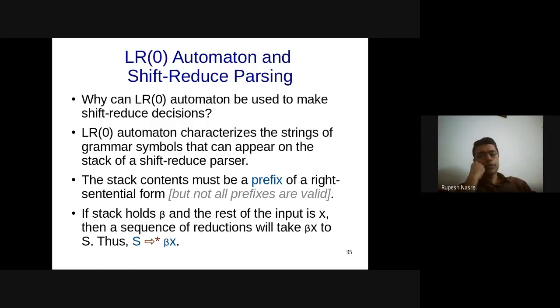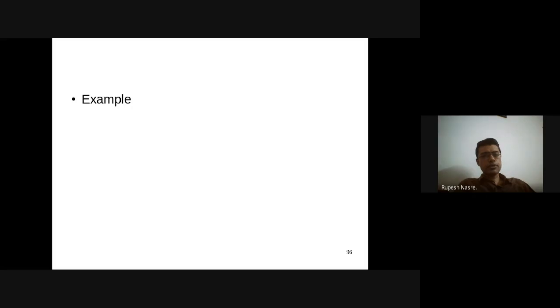As an example, if the stack holds beta, the sequence of symbols, and the rest of the input is x, then the sequence of reductions that are going to follow should take beta followed by x to the starting symbol S. If this happens, then the string beta x belongs to the right sentential forms. That is, S in 0 or more steps should derive beta x. Let me show you an example.